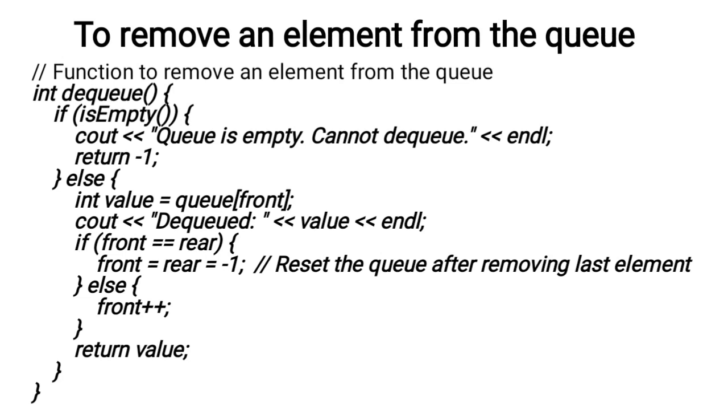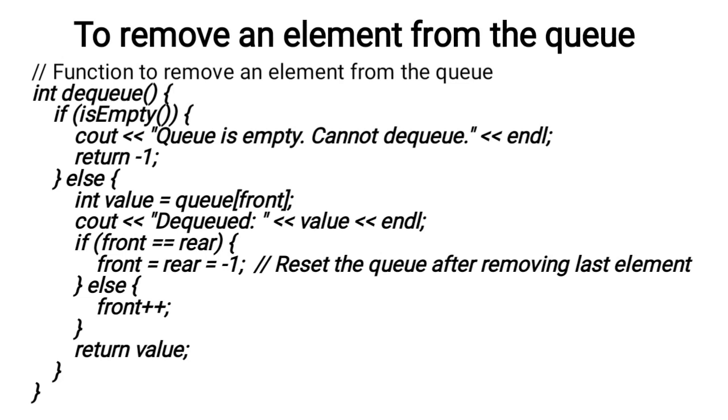If it returns false over there, it means we can go to the else part. Then we'll be able to remove a value from the queue. That is what we can do.